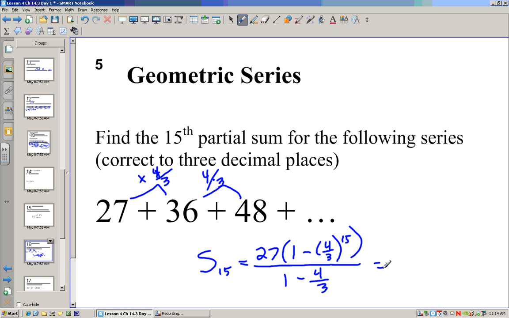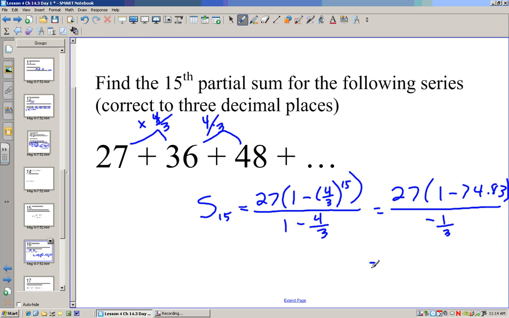All right. So first I take 4/3 to the 15th power, and I'll do this one step at a time, 74.83-ish. And then 1 minus 4/3 is, this is like 3/3. 3/3 minus 4/3 is going to be negative 1/3. So now we have 27 times 1 minus 74.83, which is negative 73.83.